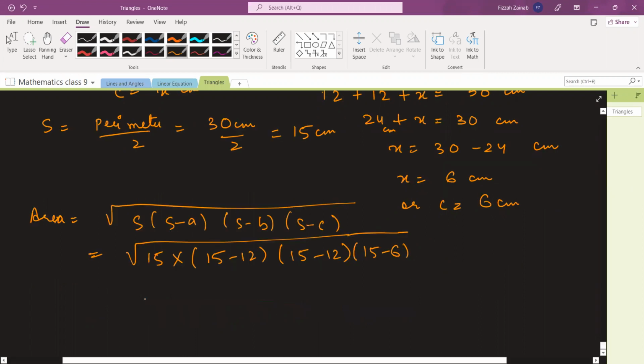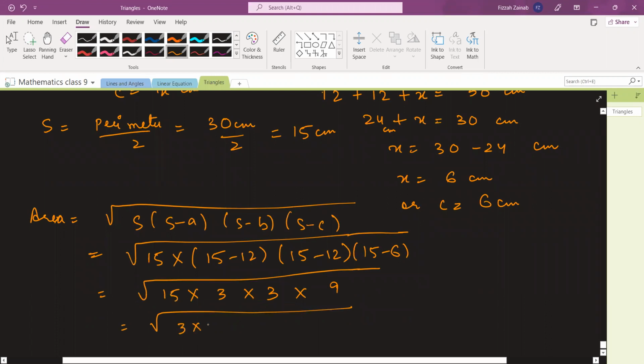Okay. So this is 15 into 15 minus 12 is 3 into 3. And this is 9, right? So 15 can be written as 3 into 5. So 3 into 5 and then 3 into 3 and this is again 9, 3 into 3, right?